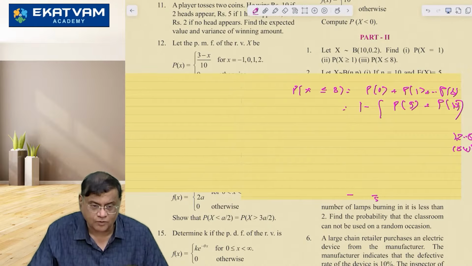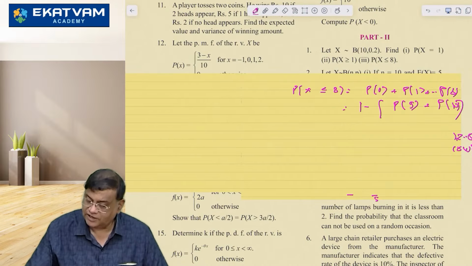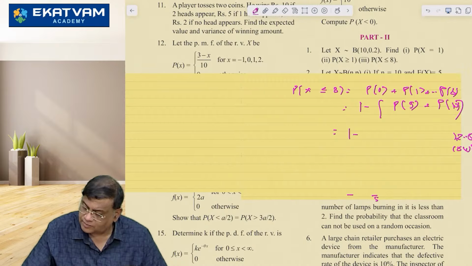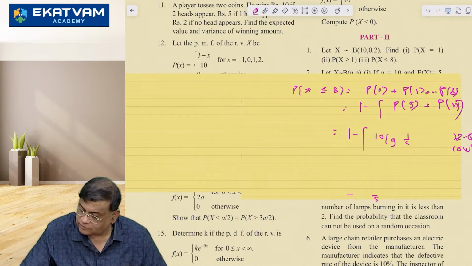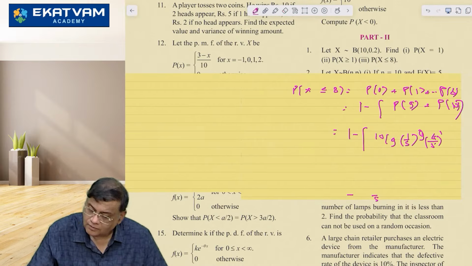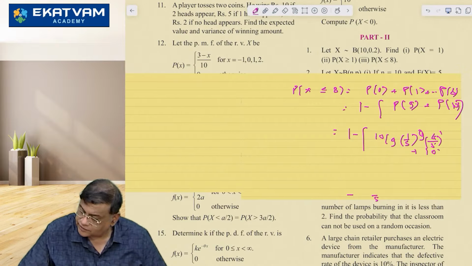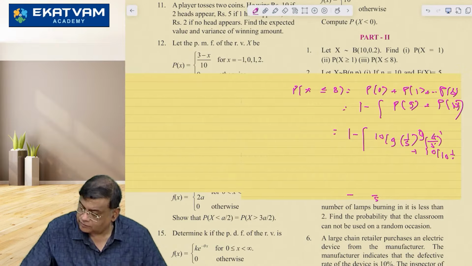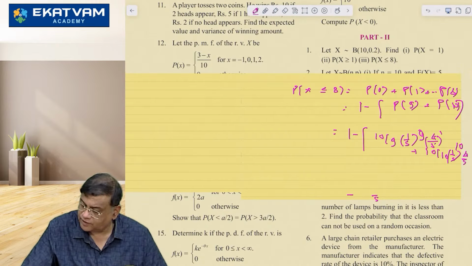You have to be watchful. up till 8 मतलब 9 10 को रिमूव करना पड़ेगा. मग 10c9 1/5 raised to 9 and 4/5 raised to 1 plus 10c10 1/5 raised to 10 and 4/5 raised to 0. So it is 1 minus.